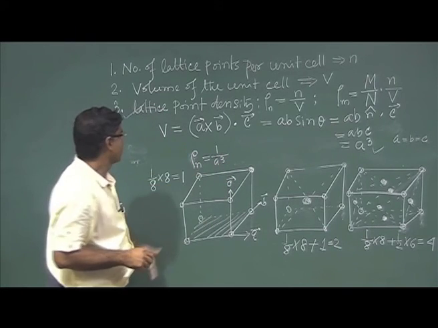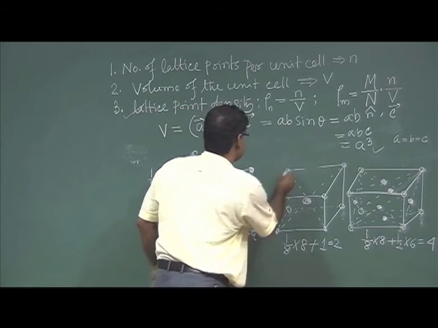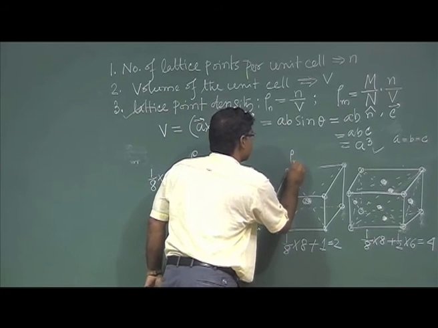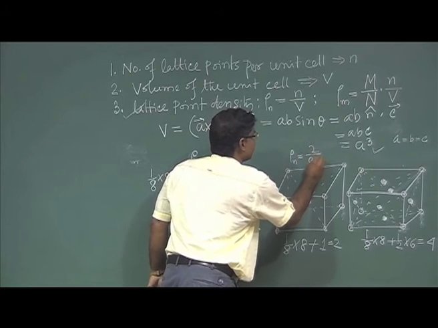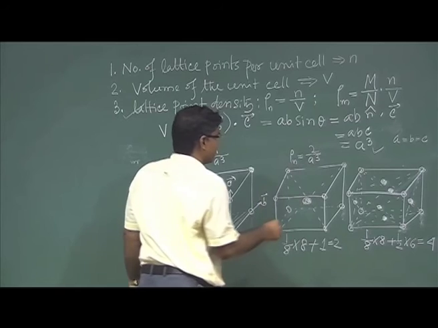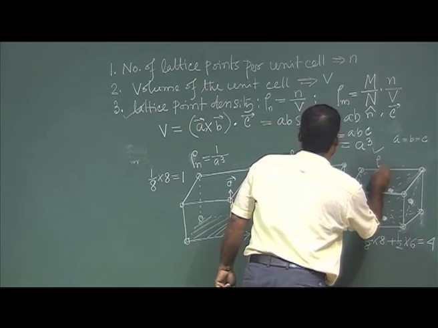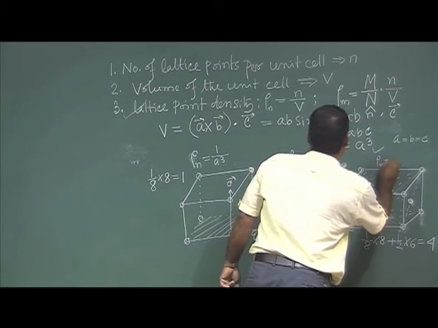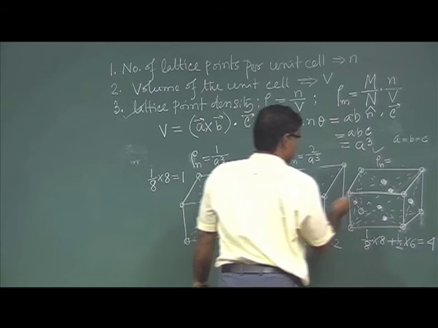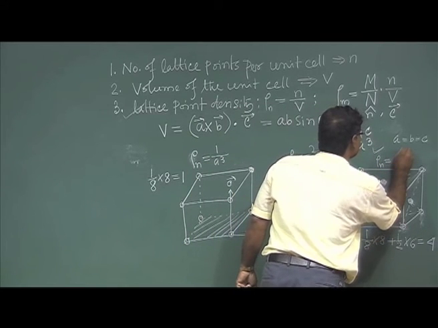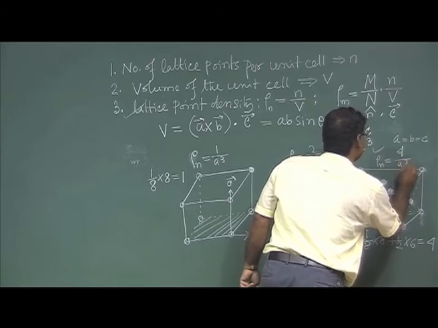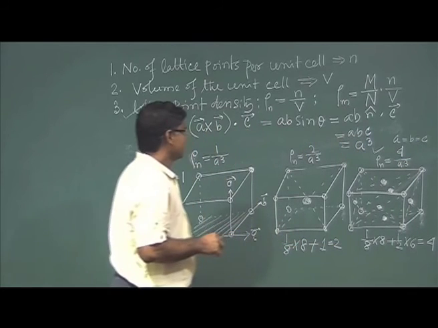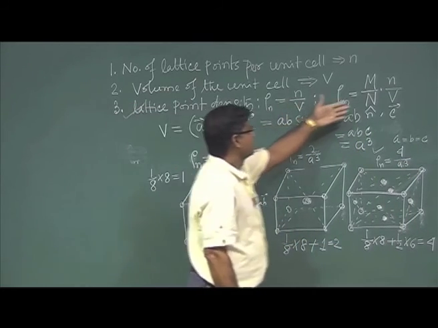That is the lattice point density for simple cubic. For body centered cubic it will be 2 by A cube, and for face centered cubic it will be 4 by A cube.